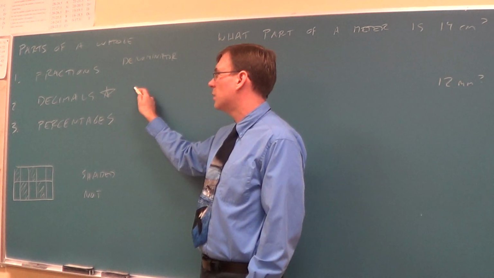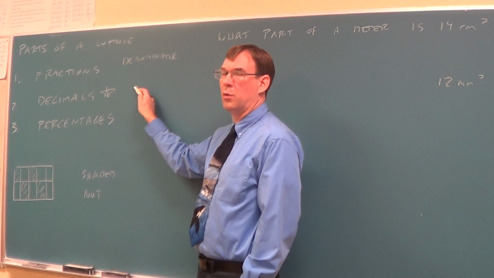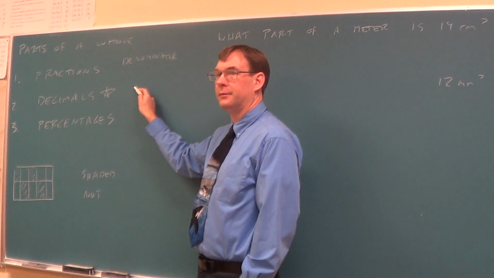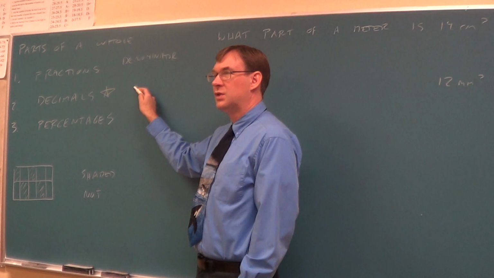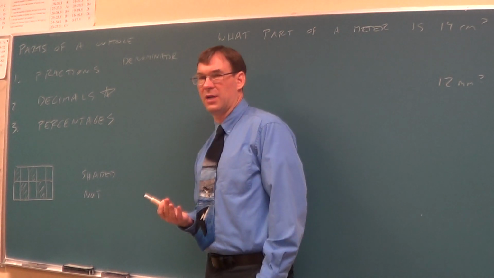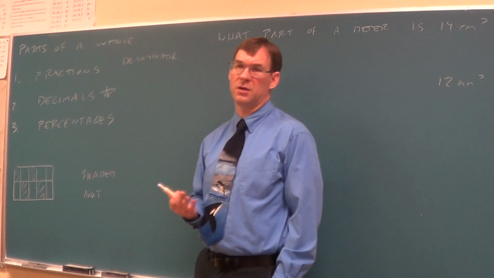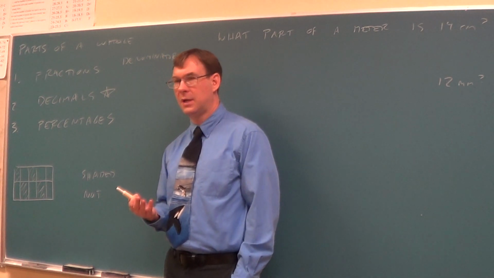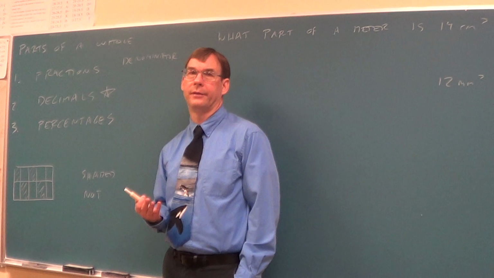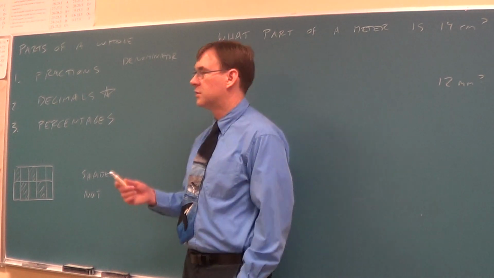Decimals, what tells you what's the most possible in decimal world? How do you know whether a decimal is a great value or not much of a value? It's a P word. Place value.